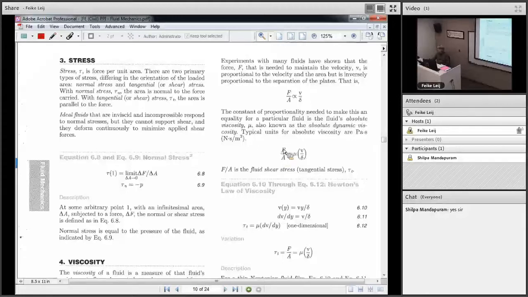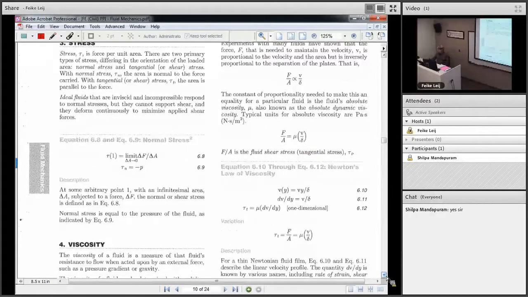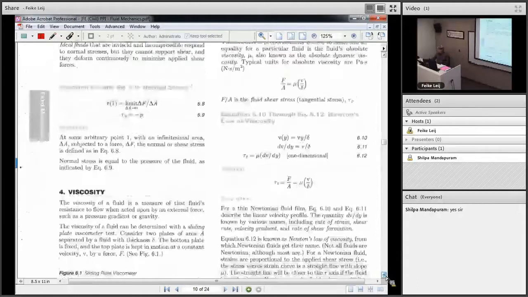If we have a Newtonian fluid, the shear stress, this force along the direction of flow divided by the contact area, is the dynamic viscosity multiplied by the change in velocity perpendicular to the main flow direction divided by the perpendicular distance. F over A is that shear stress tau.